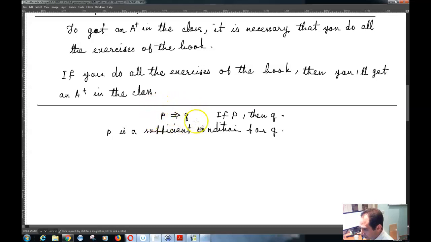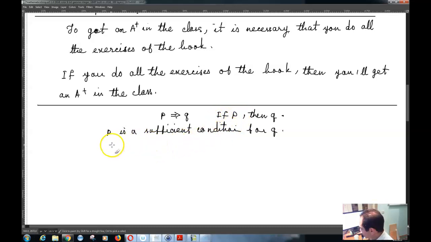If you have that example in mind, P is a sufficient condition for Q means that knowing that the number is a multiple of 9 is sufficient to conclude that it's a multiple of 3, which makes sense, okay?